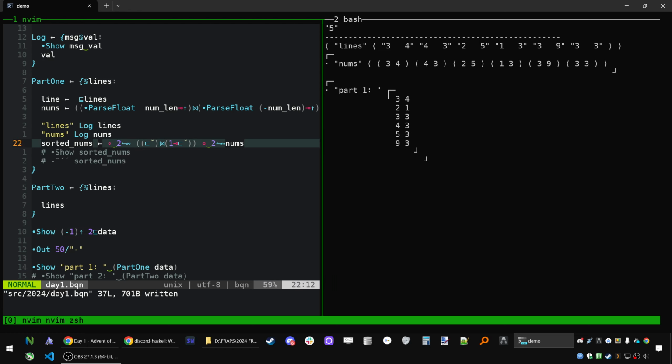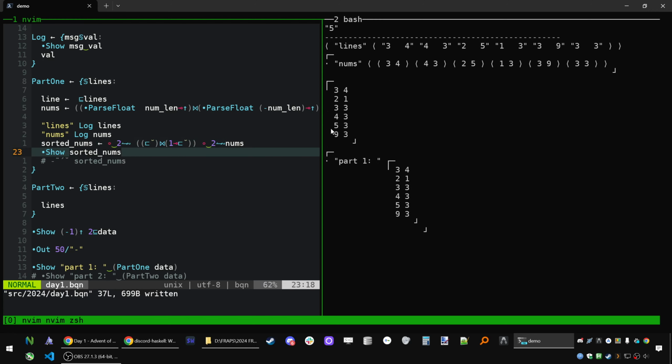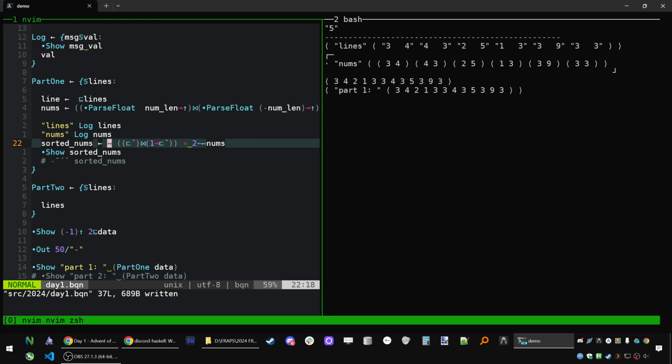Is it my reshaping? Is it my wanton reshaping? It is. It is my reshaping. Well, I'm not clear why though. 5 is suddenly on the left. Poor K. Yeah, 5 is in the second list.